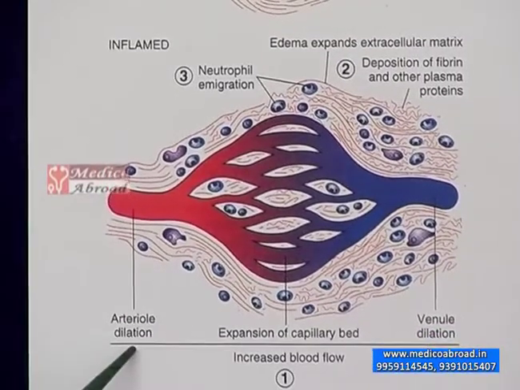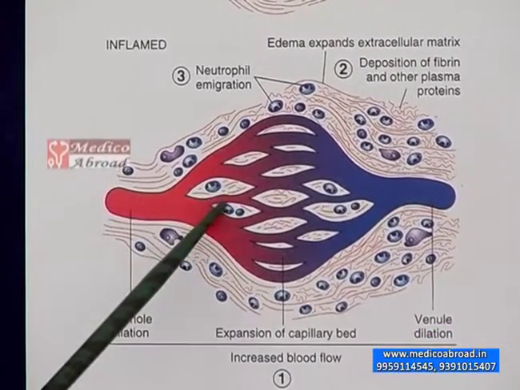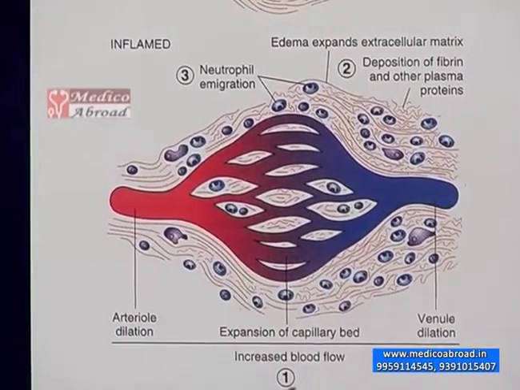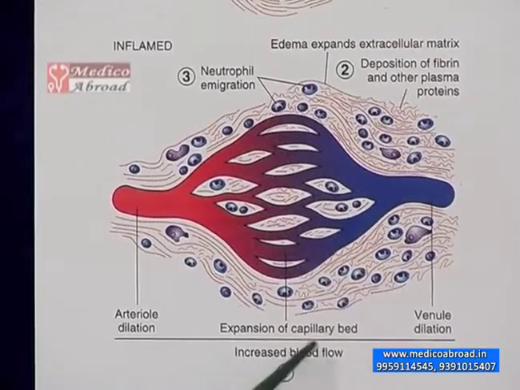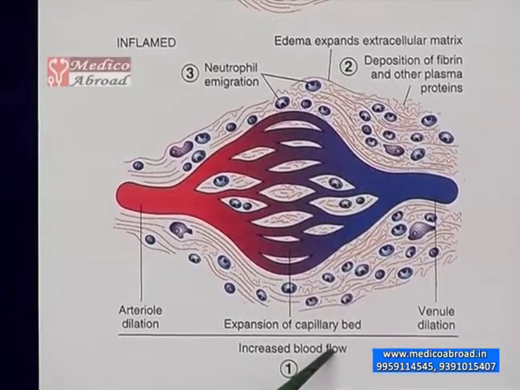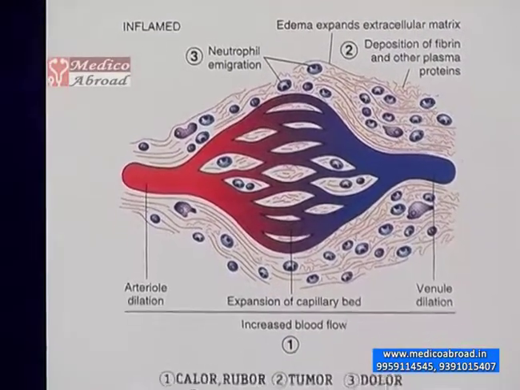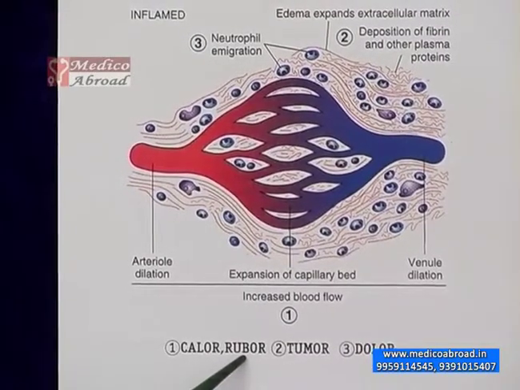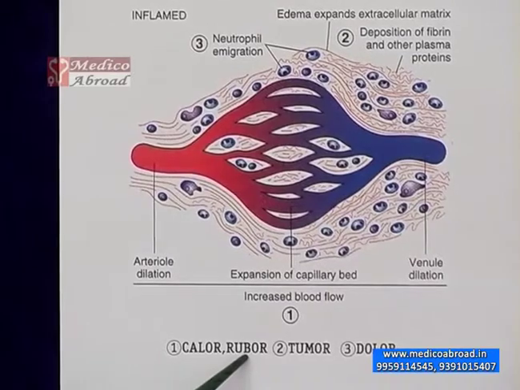Arteriolar dilatation occurs and the delivery of blood is quite high in volume. This is point number 1, increased blood flow. Increased blood flow causes increase in temperature called calor and increase in redness or erythema called rubor.